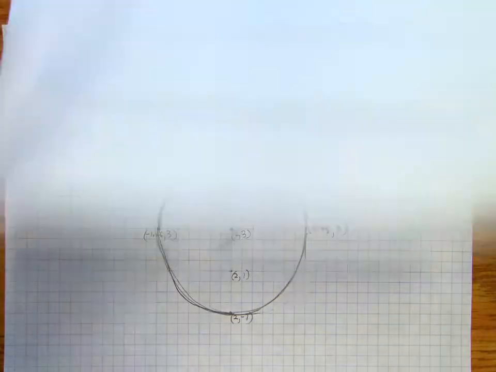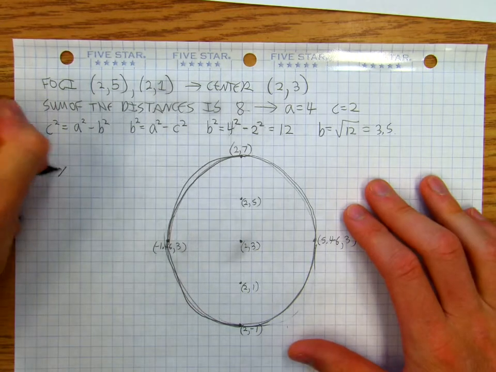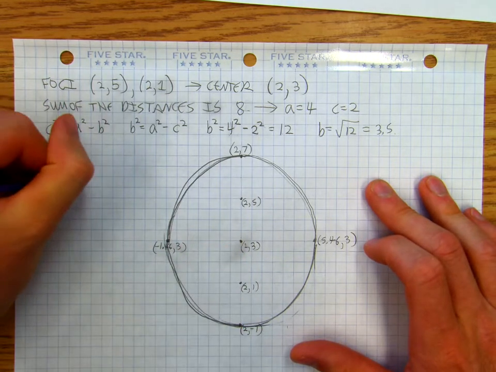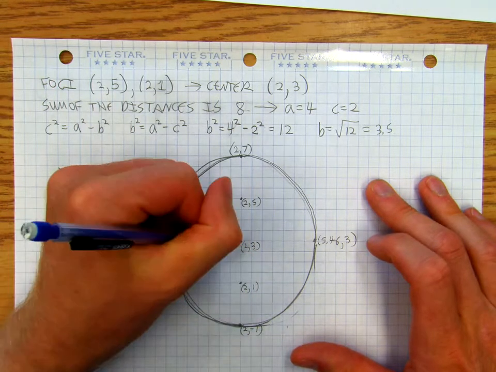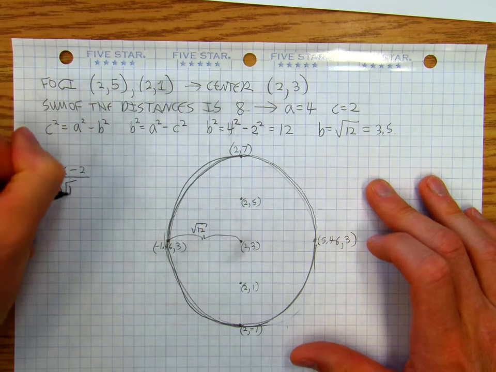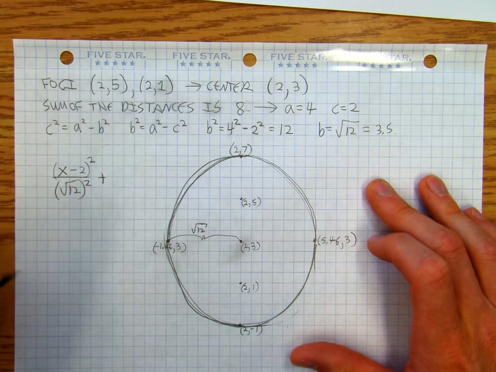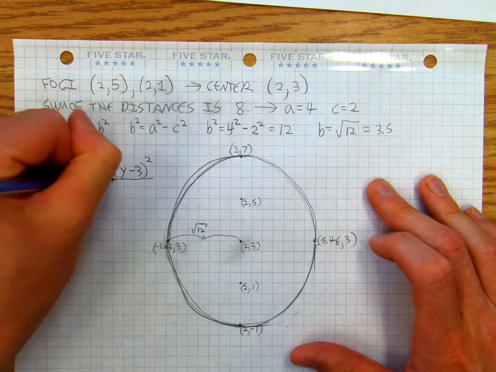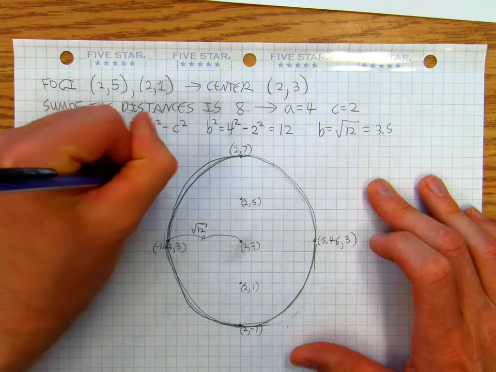And so my equation, if I plug my data in, is going to be (x - 2) over that distance there, which is square root of 12, over square root of 12 squared, plus, oh, that's got to be squared, (y - 3) squared over that distance there, which is 4, 4 squared, equals 1.